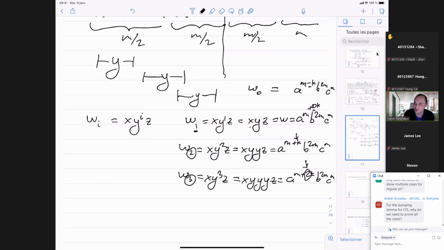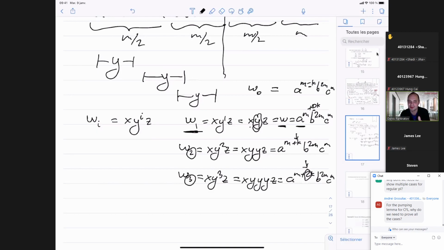And if you think about why it is the case, it is because our W1 is equal to W. So when we're extracting the portion that repeats, we say Y is equal to A to the K. We're extracting it from the string, which is A to the power M. So you're extracting K from M. When you're pumping up by 1, you need to leave that K in, and you need to pump 1 more time.